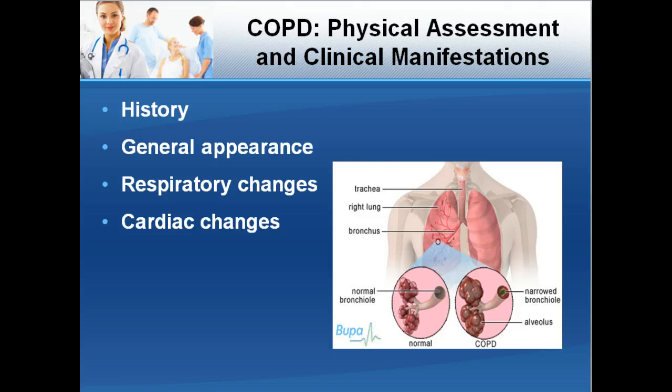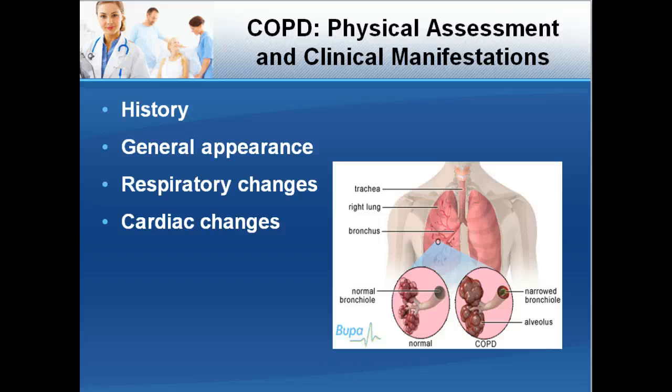How long is it taking them to talk between words? Are they having any sputum? We already talked about how smokers often have a more productive cough. Ask about usual daily activities, whether it's affecting them when they're sleeping, bathing, dressing, or even during sexual activity.